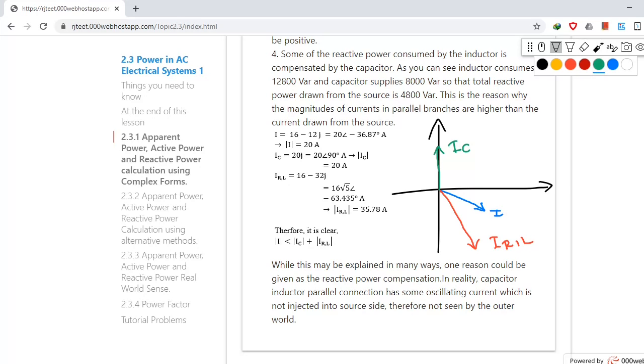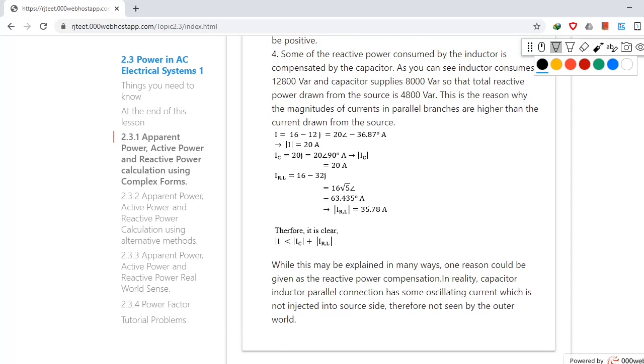So in vector summation you would notice that this IRL is the exact difference here, right? So this length here is equal to IRL, because the summation of IC and IRL should be I. I hope it's clear.